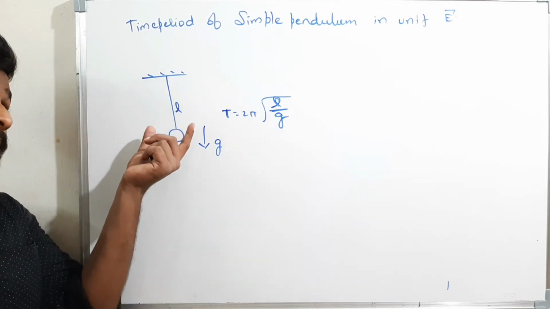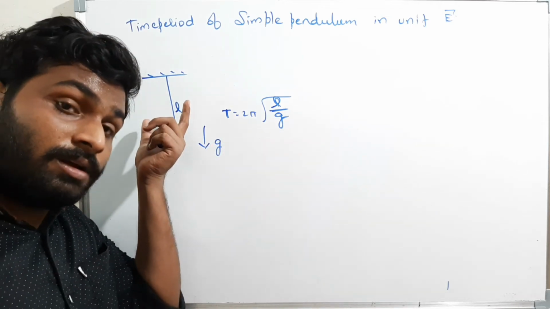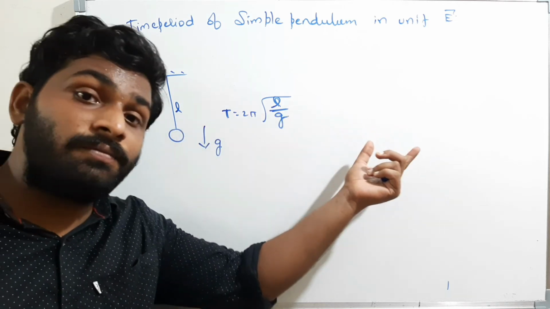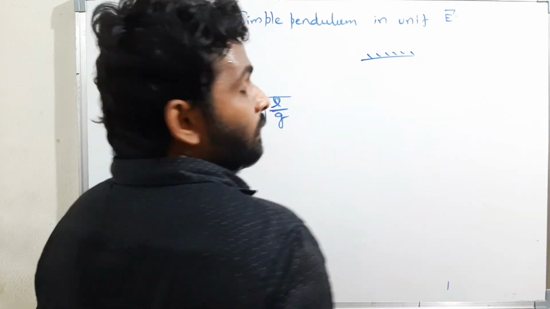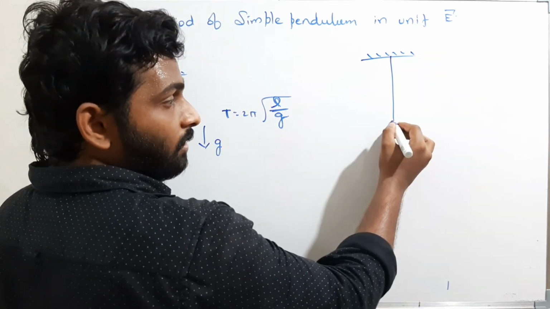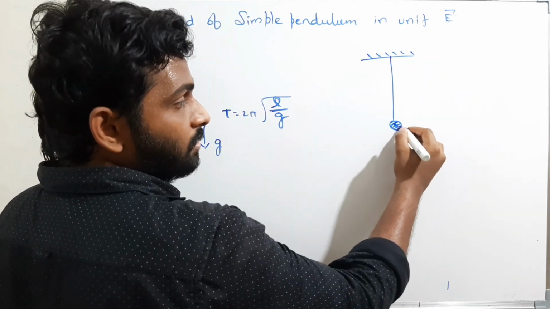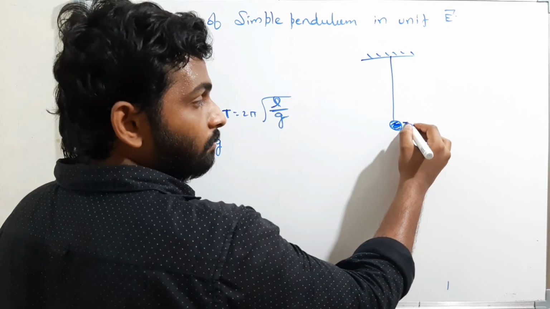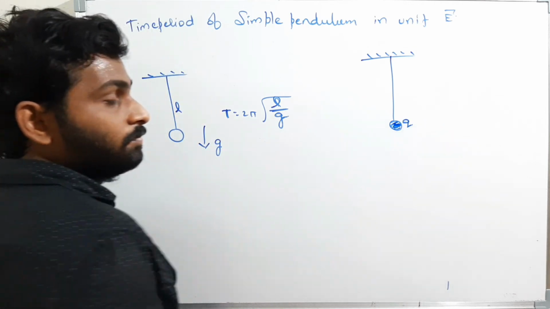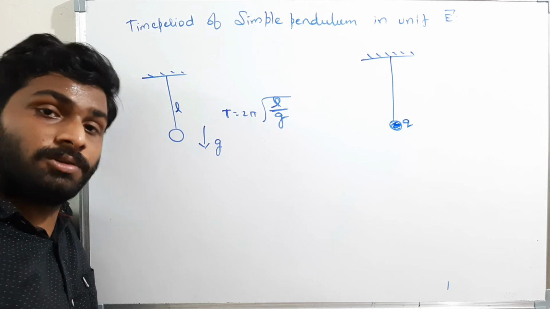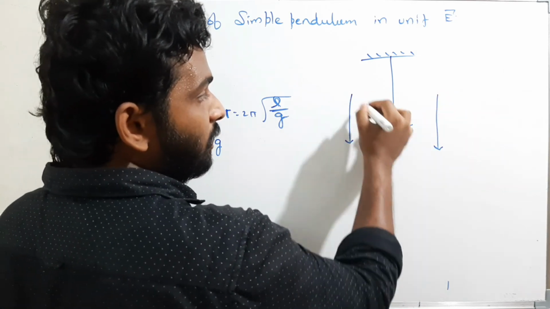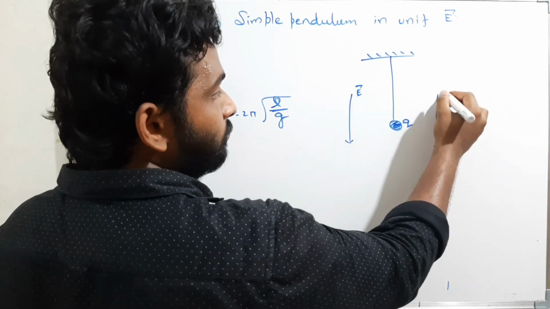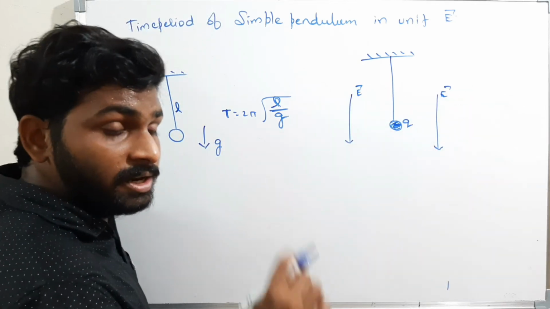Now, if I place this simple pendulum in an electric field region, what will happen? The pendulum has some positive charge Q, and the electric field E direction is downwards. What is the net acceleration?